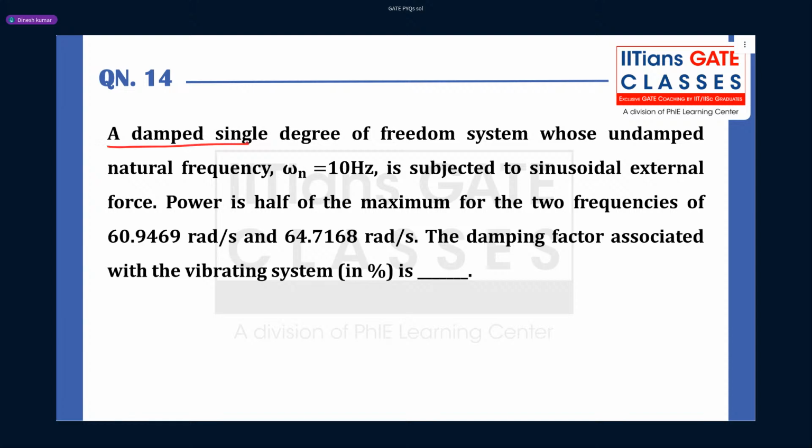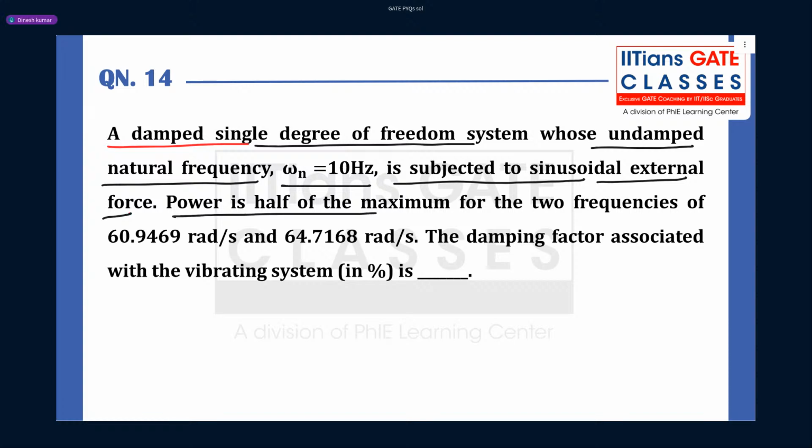A damped single degree of freedom system whose undamped natural frequency omega n is given as 10 hertz is subjected to a sinusoidal external force.